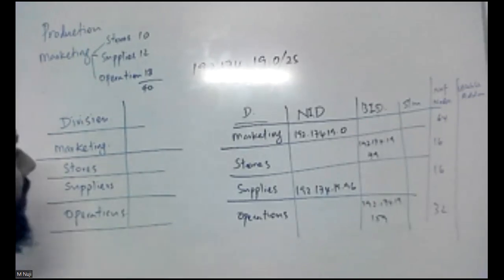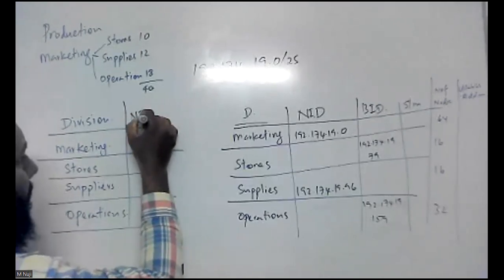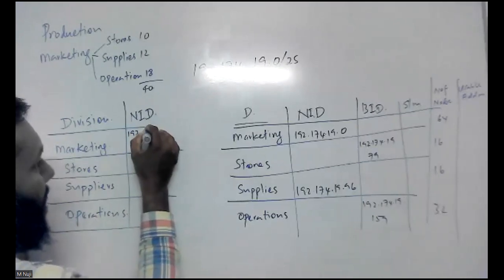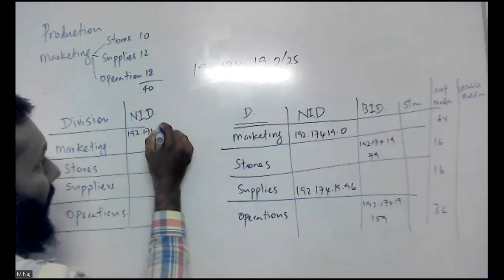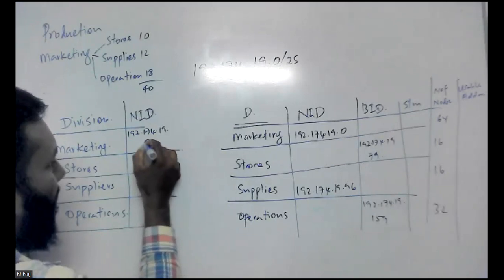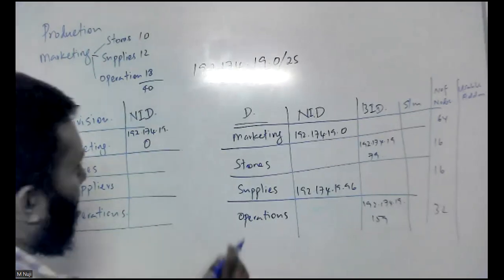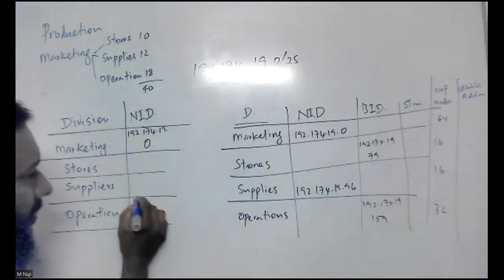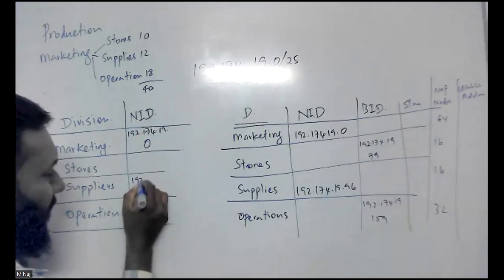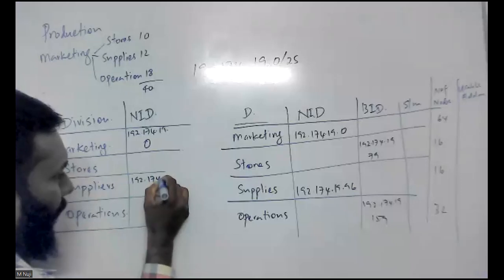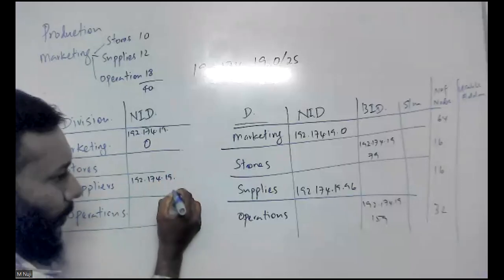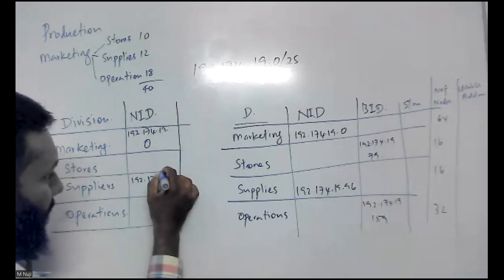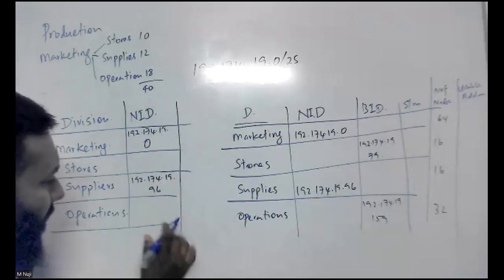Now your NID 192.174.19.0 is your starting point. They have already given these two numbers, so first of all I'll fix this. 192.174.19.96, and here is a blank.